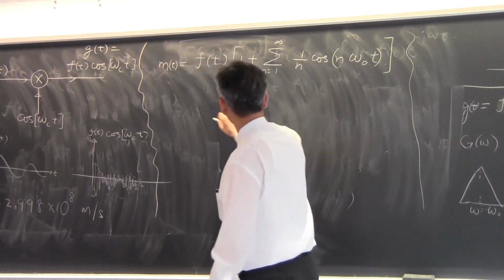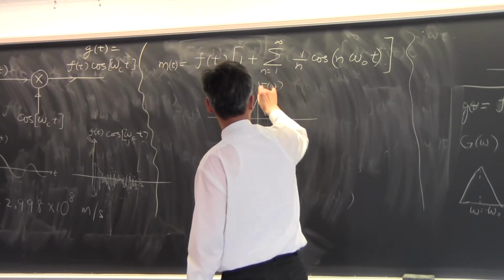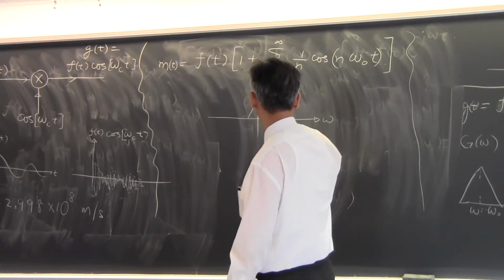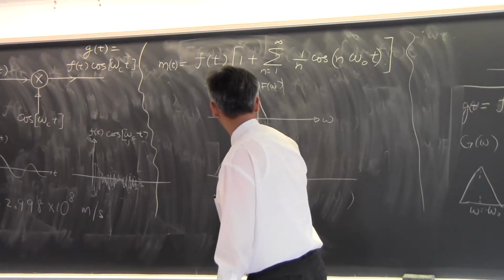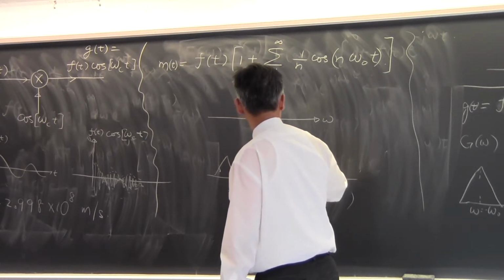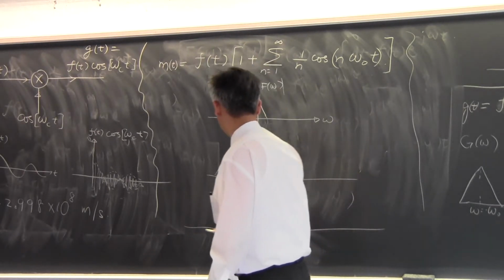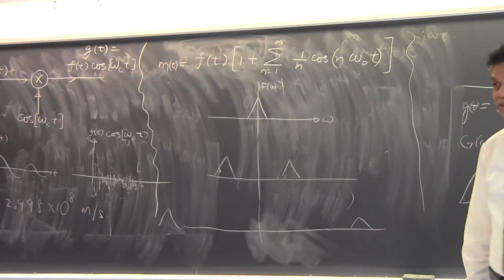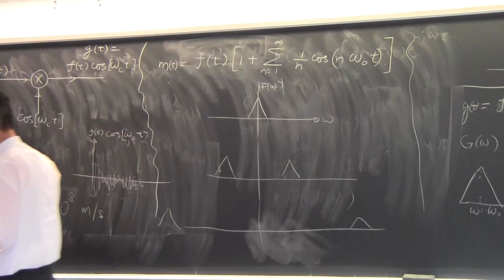If f of t looks something like this, the first term will give you that, the second term will give you something slightly diminished in amplitude and shifted over like this, and the next one will give you something over here with smaller amplitude, and so on. You just compute more and more of that. So it's not very difficult. You just apply this formula over and over again.